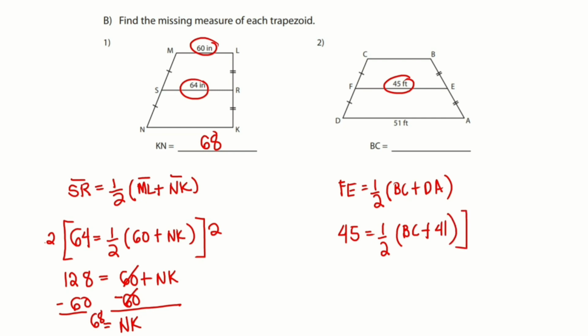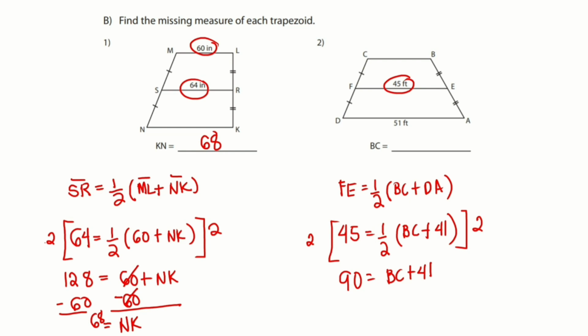Then we multiply both sides of the equation by 2. So, 2 times 45, that is 90, is equal to 2 times 1 divided by 2, that is 1, times BC plus 41, we have BC plus 41.